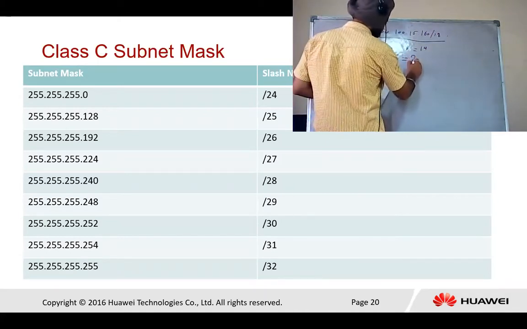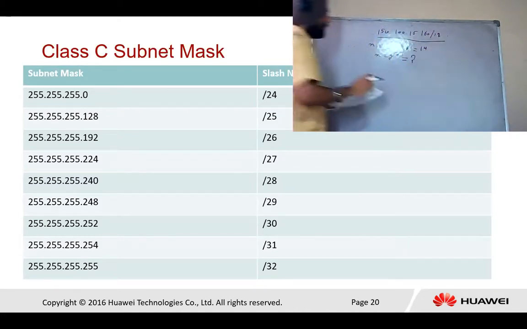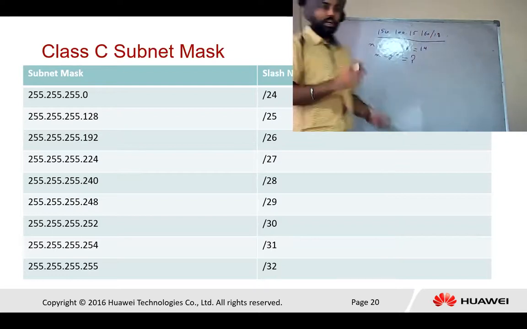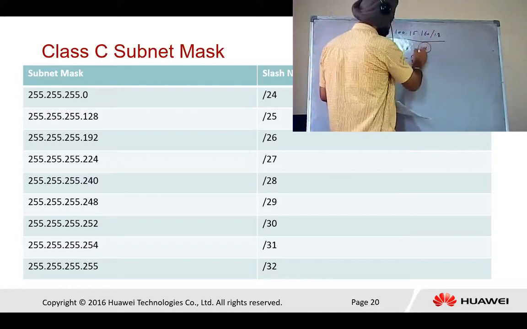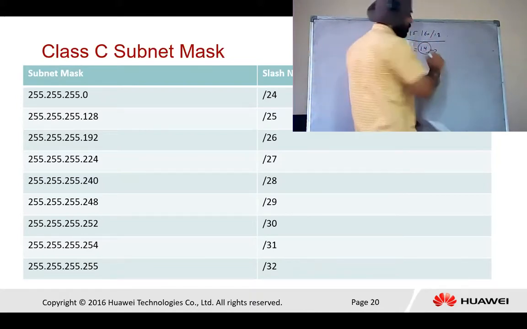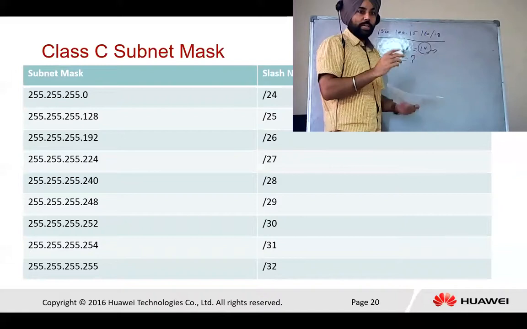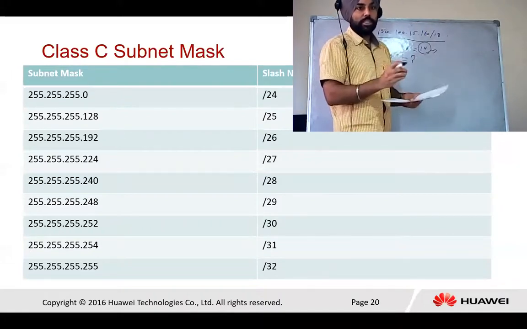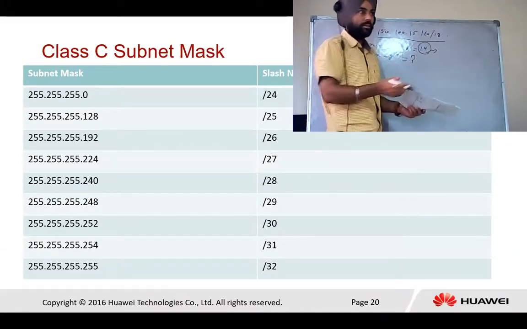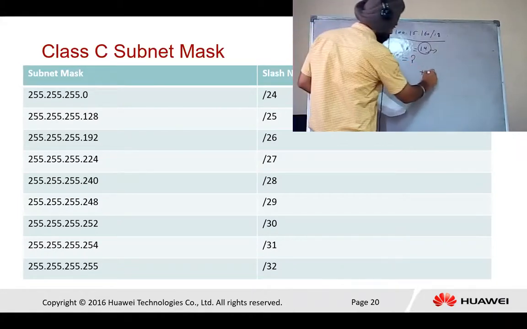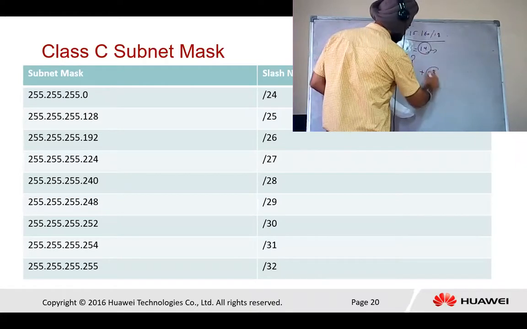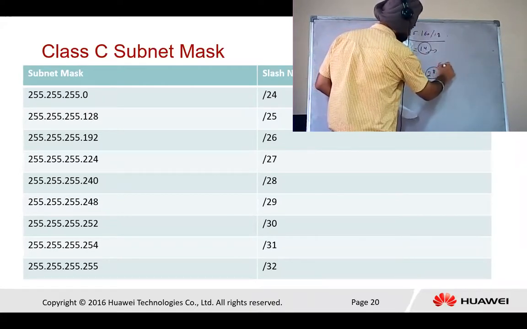Here is a question mark, because our single octet contains how many bits? 8 bits. But right now we just found the 14 bits. That means we have to take some bits from another octet. How can we find this? We take 2 raised to the power 8 from the first octet.